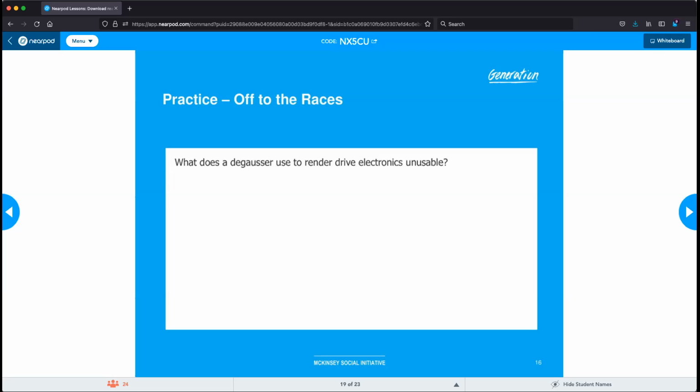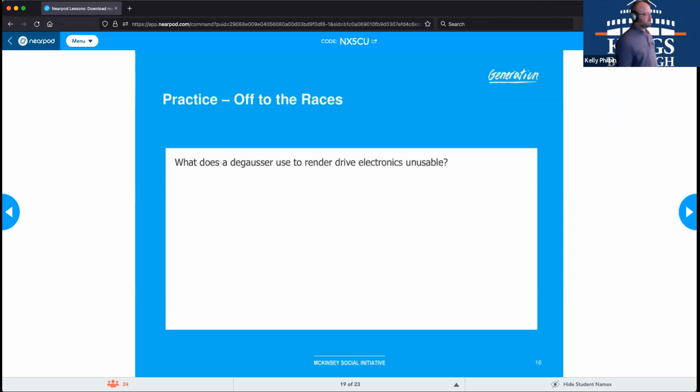Yes, it absolutely does affect the disk, but what does it use to affect the disk? A drill? Not a drill. Good guess, though.